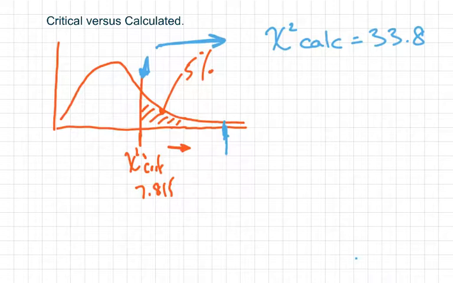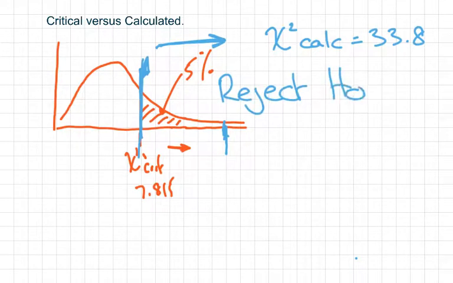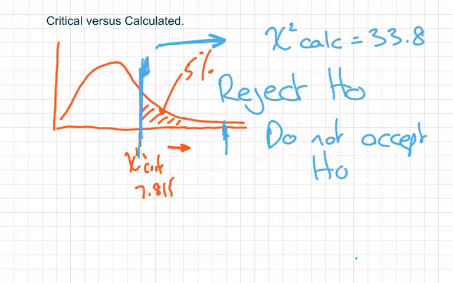We're way past this critical line, so we're in this region to the right. This is the reject H0, or do not accept H0, region.